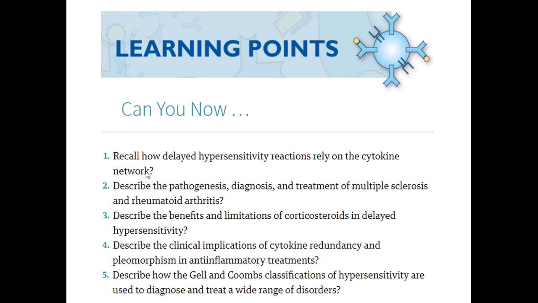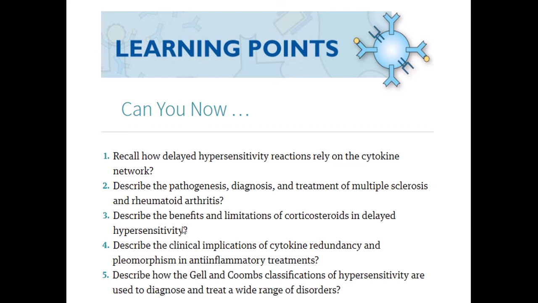So it's the cytokines and their functions that play a role in the pathogenesis of these types of reactions. Second, describe the pathogenesis, diagnosis, and treatment of some examples, like multiple sclerosis and rheumatoid arthritis. You should know those in detail, what's happening, and how the delayed type hypersensitivity plays a major role in the pathogenesis of these diseases.